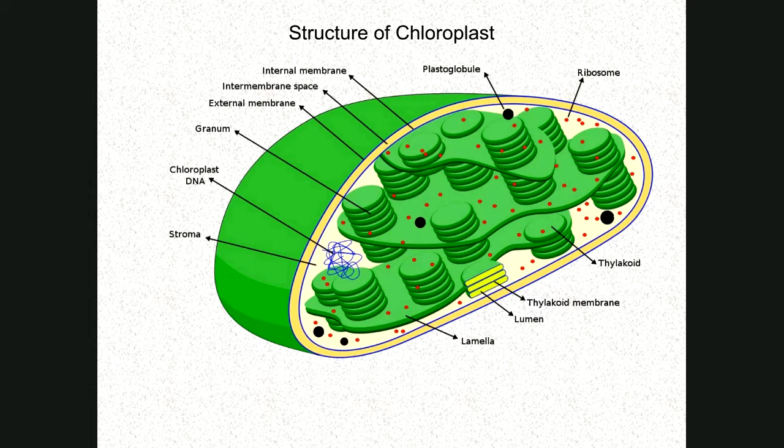This makes an envelope, the chloroplastic envelope. Inside we call it stroma. Remember the mitochondria, inside what do we call it? Matrix. Here it is the stroma. And what is inside? What did you see? The DNA. It also has its own DNA. Isn't that funny?